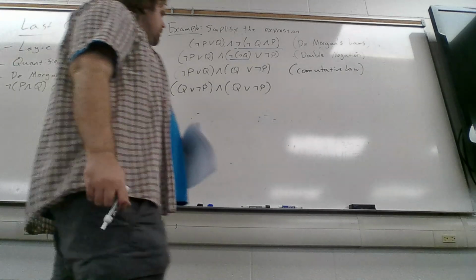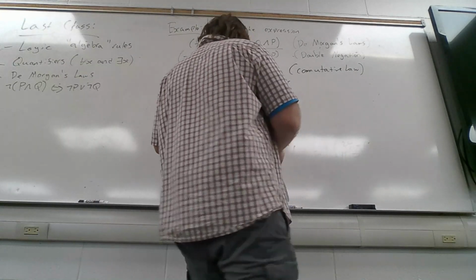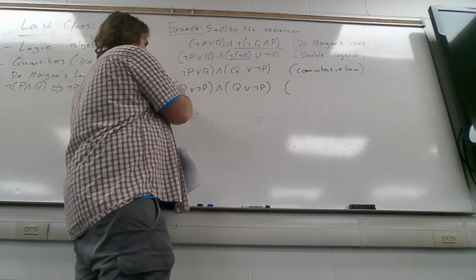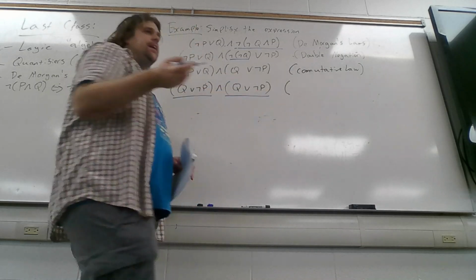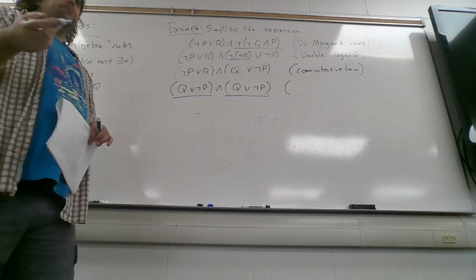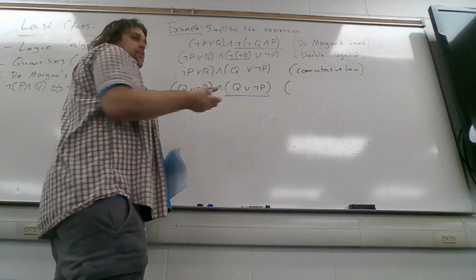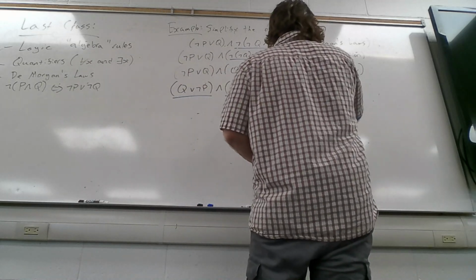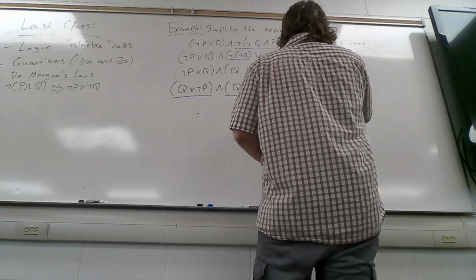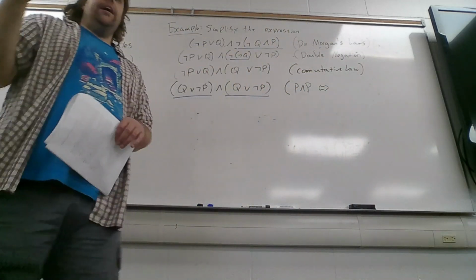Okay, and now what we essentially have here is we've got this statement here and the same thing again, right? This is just repeated around this and. So what we've essentially got is P and P, so something and the same thing again.